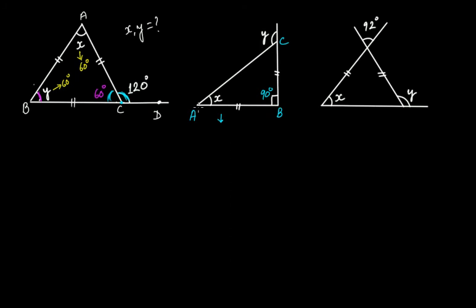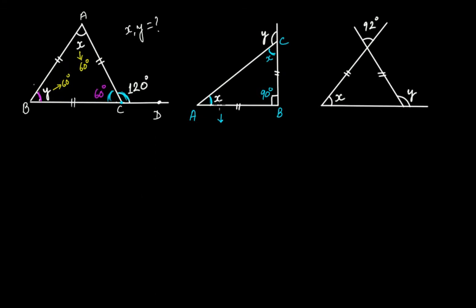Now if this side is equal to this side, it means that it is an isosceles triangle, because this symbol shows that this is 90 degrees. Since it's an isosceles triangle, the base angles opposite to the equal sides will be equal. So this angle will be equal to this angle, the two base angles opposite to the two equal sides. It means that if this is X, then this will also be X.